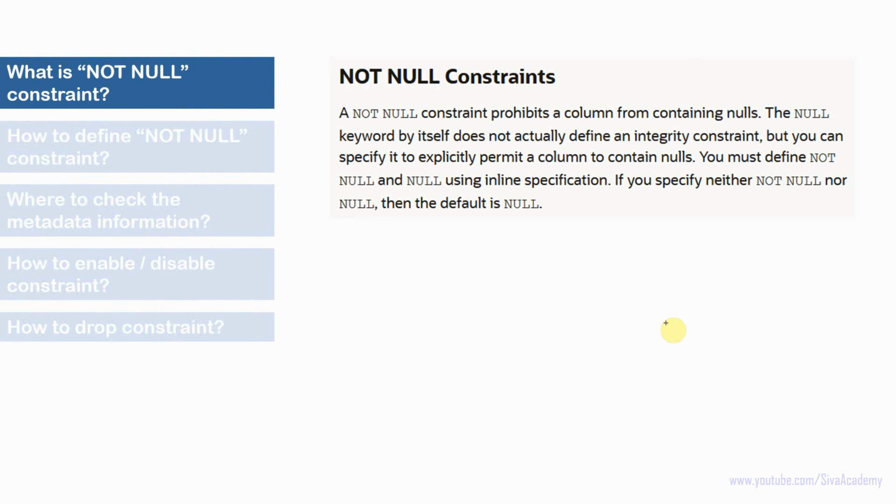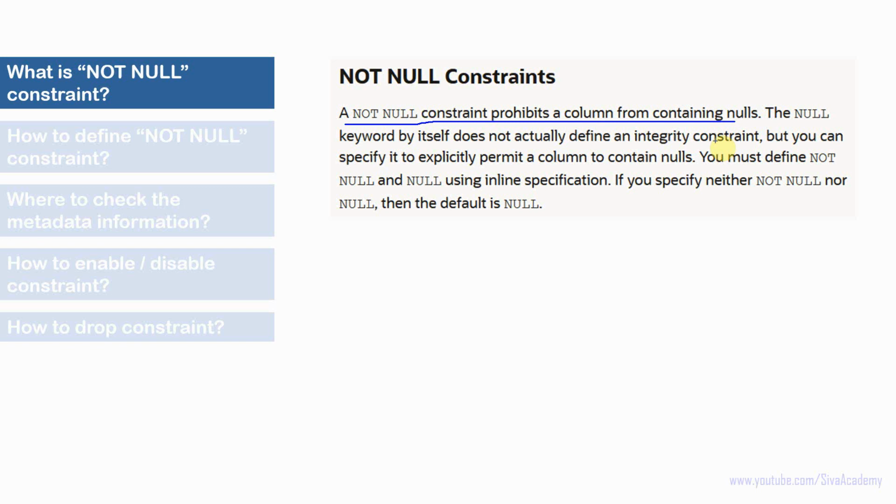An employee ID must not be null. In a banking system, everyone should have an account, so the account number is a not null value. Of course, it is like a primary key or a unique value, but it should not be null. Basically, a not null constraint can be defined wherever a column must have a value. So the not null constraint prohibits the column from containing null values.